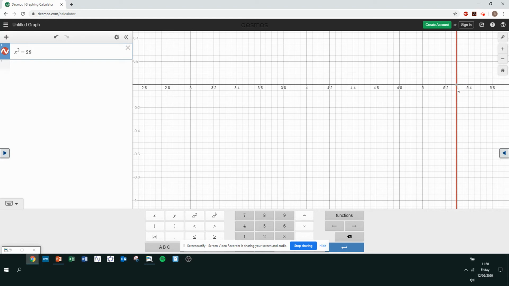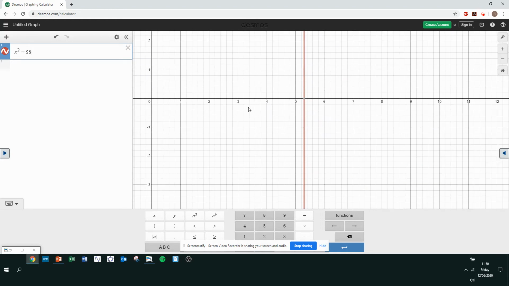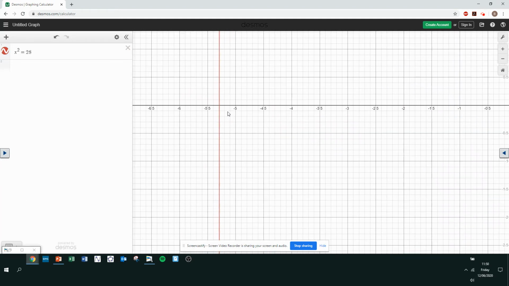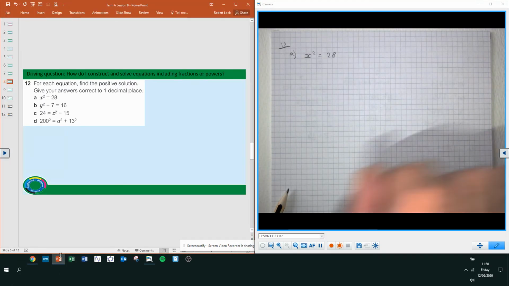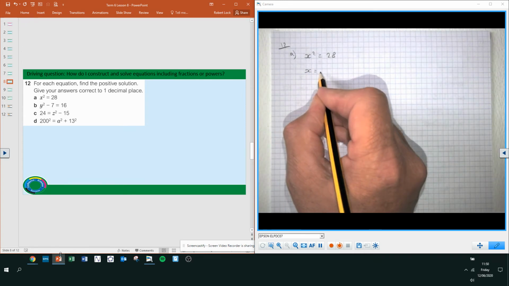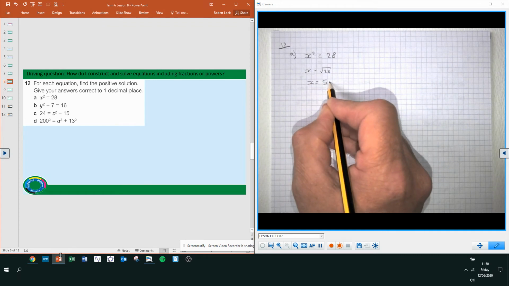So the answer is 5.3. So the answer is x equals the square root of 28, x equals 5.3.